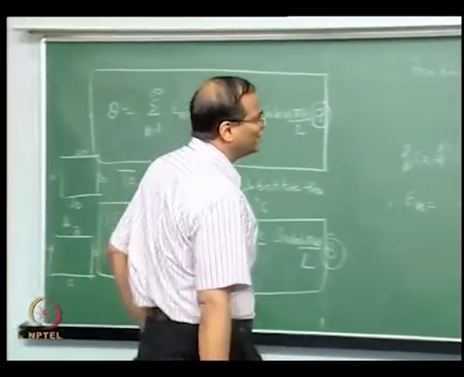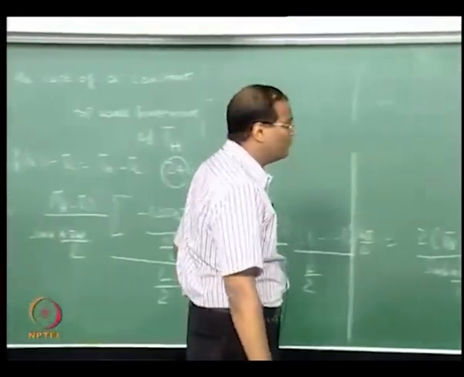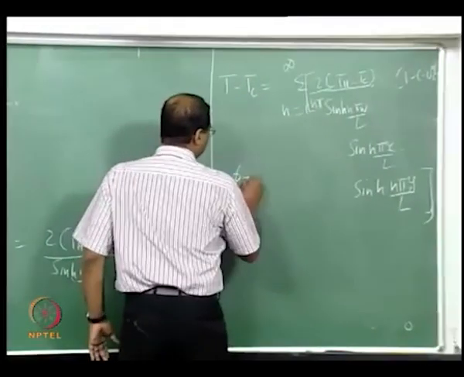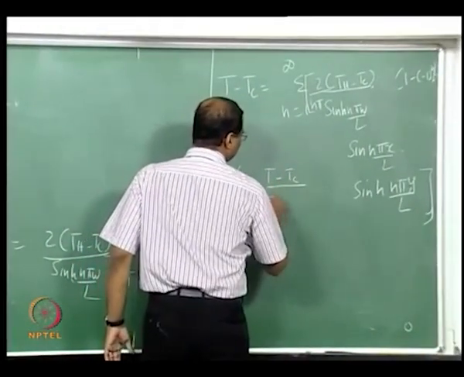Okay, this is the way to solve it. Now let the dimensionless temperature be T minus Tc by Th minus Tc.